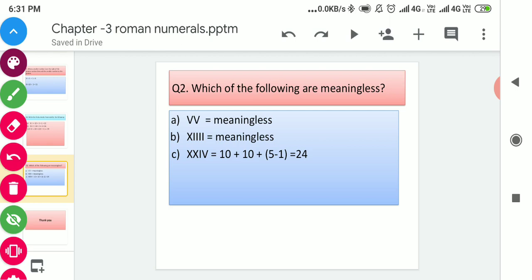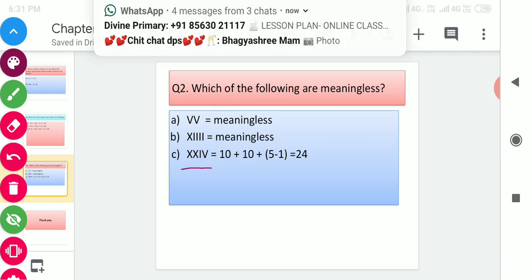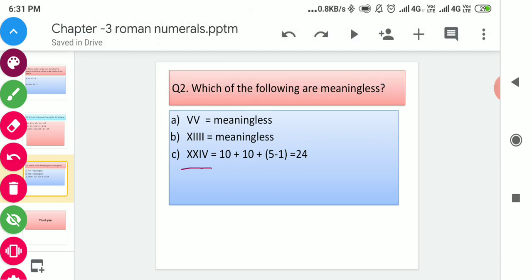Question number next, XXIV. After X, one more X is given, that is X is repeated 2 times. So according to rule number 1, we will add 10 2 times. After X, I and V is given. According to rule number 4, when a smaller number is kept left to the bigger number, we do subtraction.